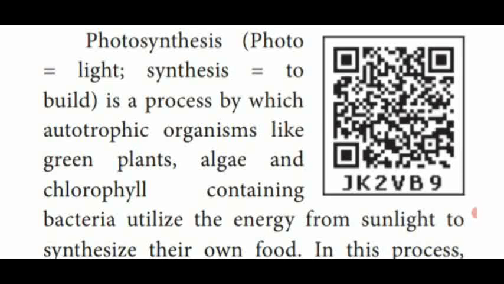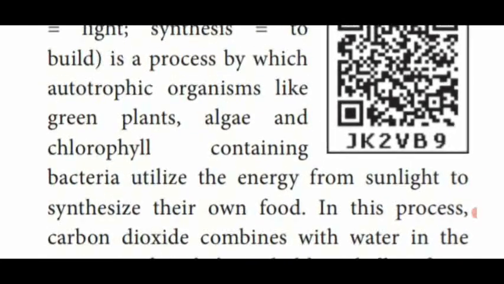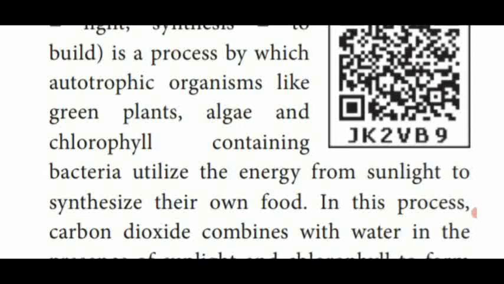Photosynthesis is a process done in autotrophic organisms, that is green plants, algae and chlorophyll containing bacteria. These organisms utilize the sunlight from the atmosphere and produce their own food material.